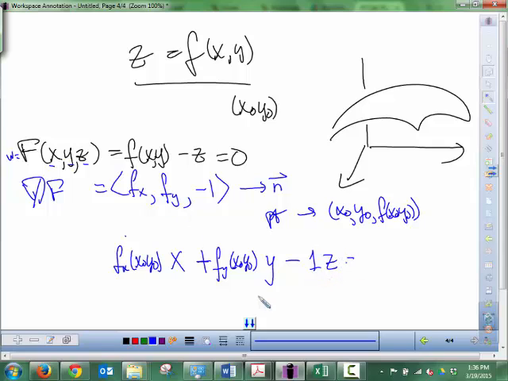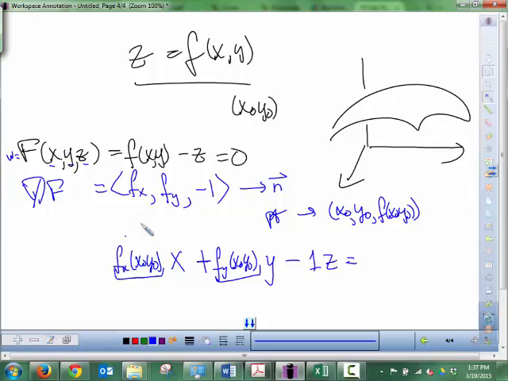Those are the coefficients, right? This is equal to, now I have to take the dot product of the vector and the point. And I'm putting this as one whole thing. This is fx evaluated at x naught, y naught. It's not two things that are multiplied. It's just one thing.